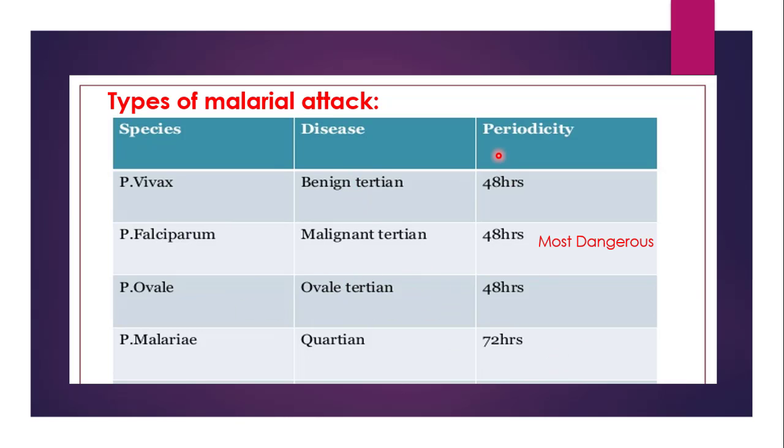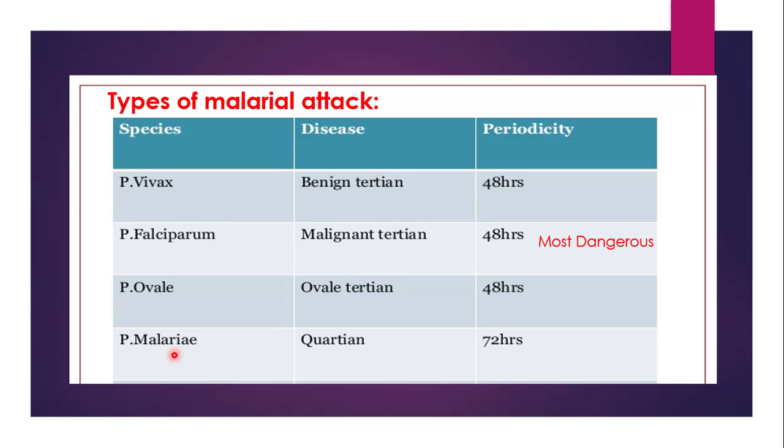Here you have marked one thing, that in tertian attacks, the attacks occur after a periodicity of 48 hours. And the quartan attack, caused by Plasmodium malariae, occurs after 72 hours. So these are the types of malarial attacks according to their periodicity and species.